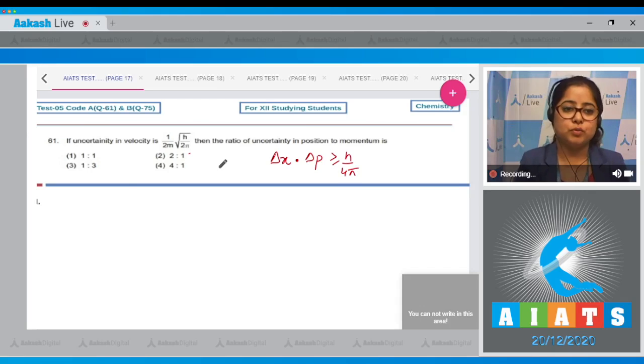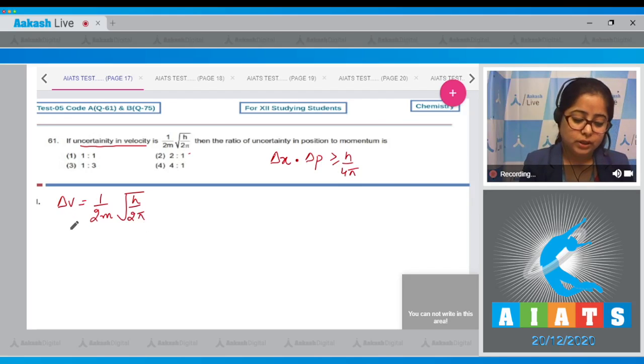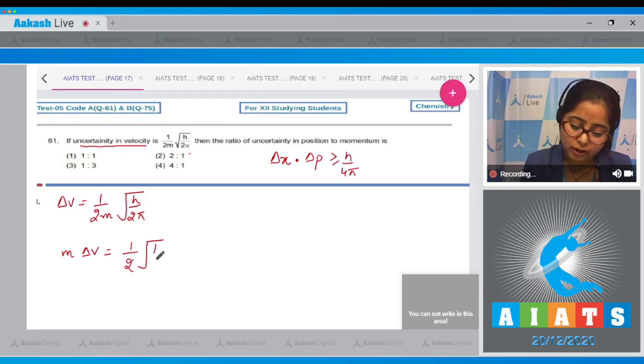We'll be using this formula, but before that we are given the uncertainty in velocity, so delta v is equal to 1 upon 2m under root h upon 2 pi. Students, let's multiply delta v by m. It will be 1 upon 2 under root h upon 2 pi.